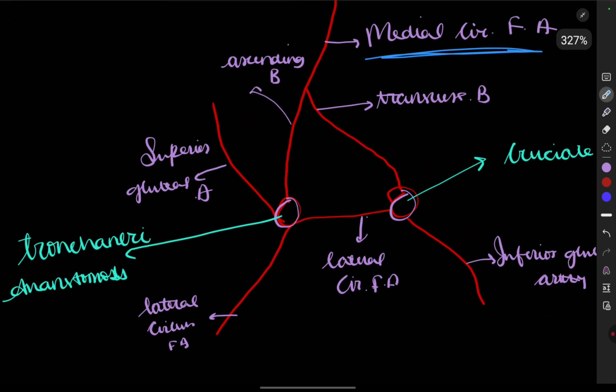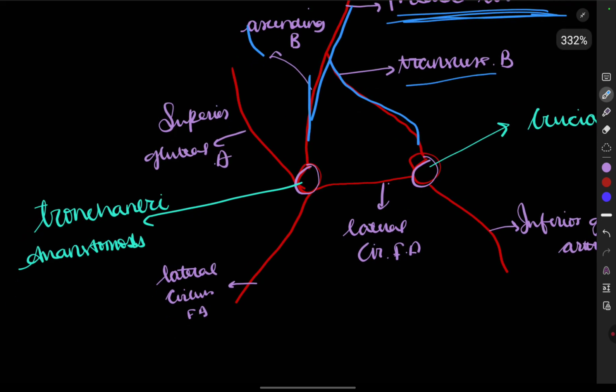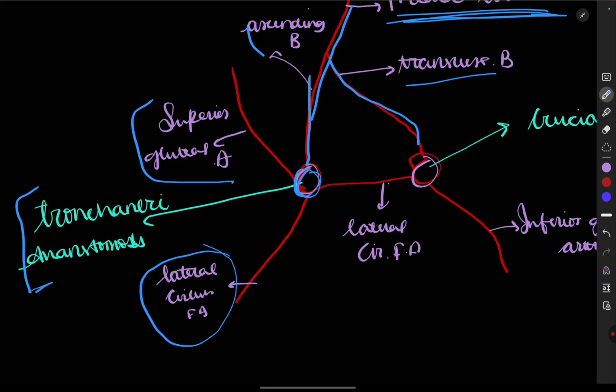The medial circumflex femoral artery has two branches: the ascending branch and the transverse branch. The ascending branch forms an anastomosis with the superior gluteal artery and the lateral circumflex femoral artery to form the trochanteric anastomosis.